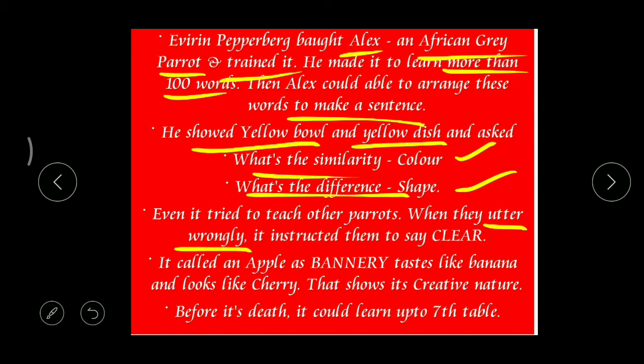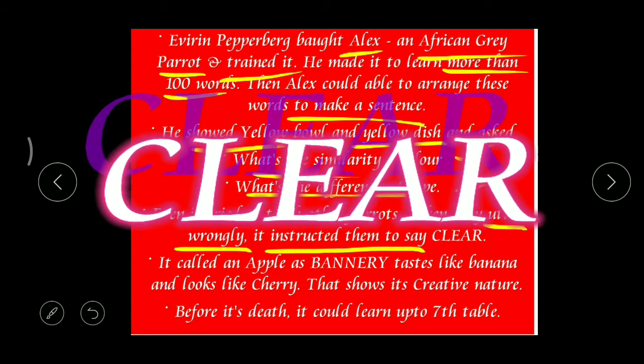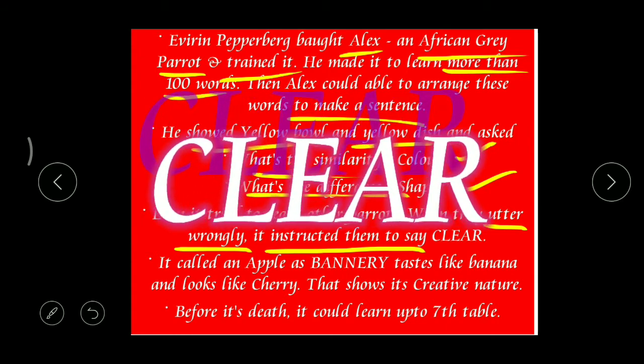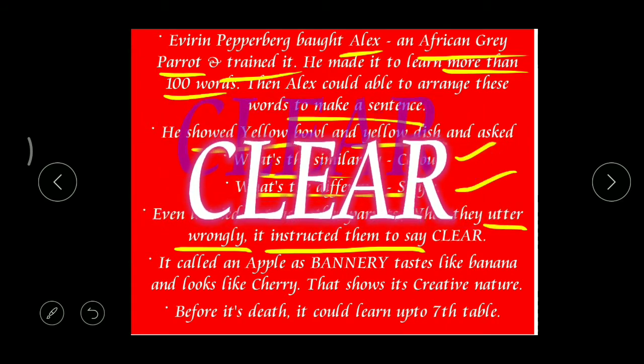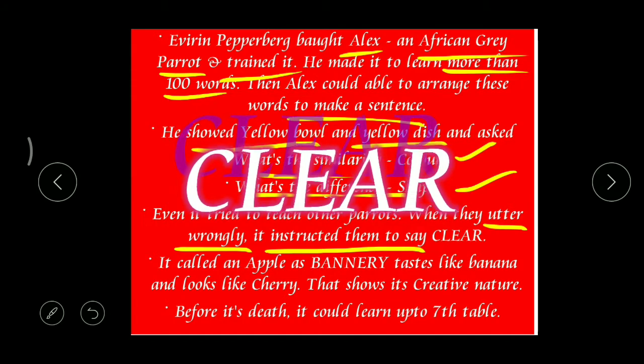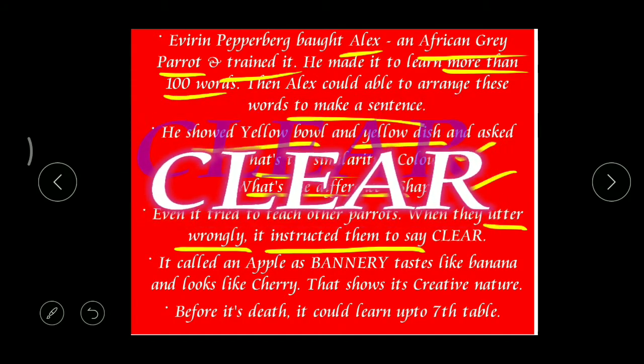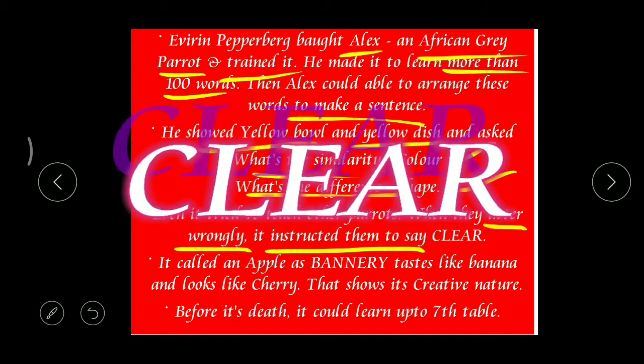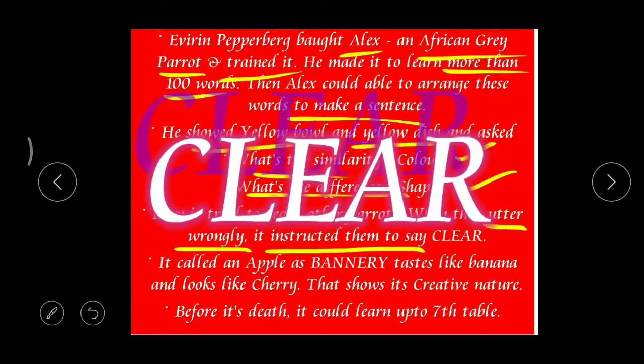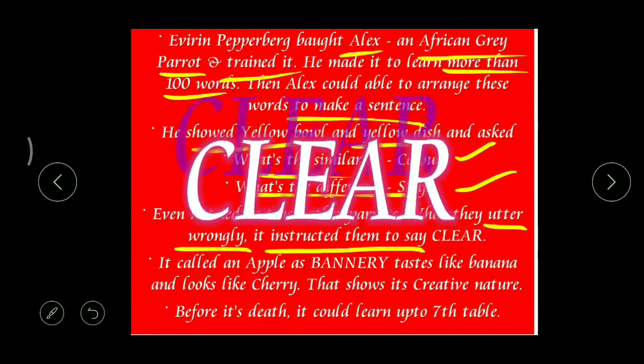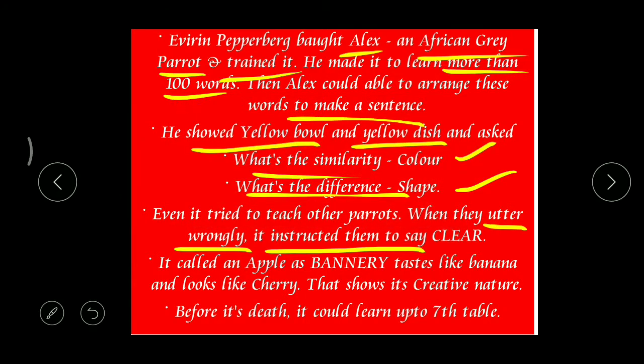Or shouting wrongly, then it instructs them and says, is that clear? Like that. Even when we explain something to your friends, after that you ask, did you get the point or not, is that clear or not, right? In the same way, this Alex also used the words, that is a clear, right?